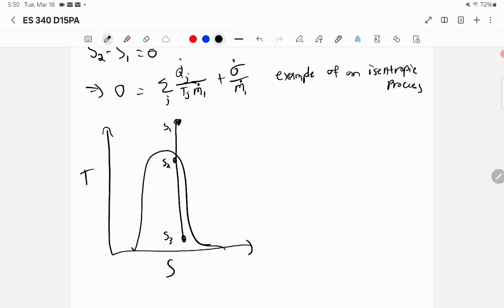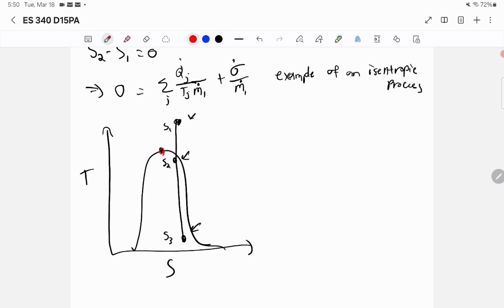S3, S2, S1, this is an isentropic process, right? I could have 3 states, and you notice that I can move in and out of different phases, right? This is a mixture. S3 is a mixture, S2 is a mixture, S1 is probably, because this point up here would be the critical point.